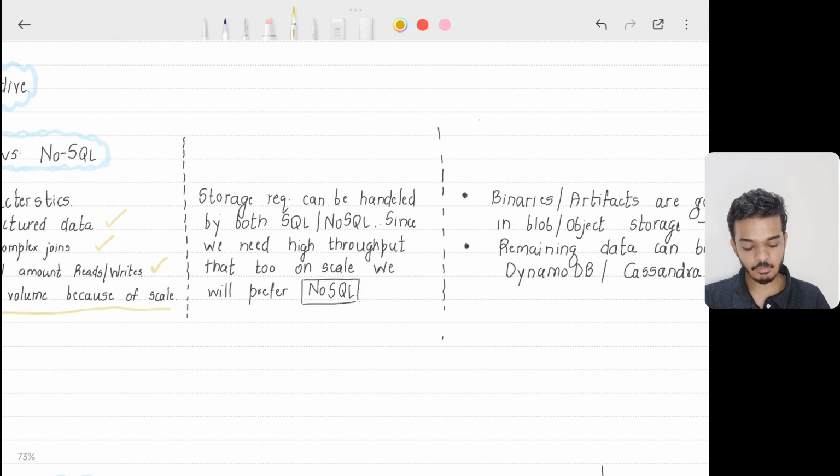But we need very high throughput for both read and write, and NoSQL will be able to handle these characteristics better than SQL. Whenever we talk about large scale, the throughput of NoSQL databases is going to be better than SQL databases. So that is why we choose a NoSQL database.